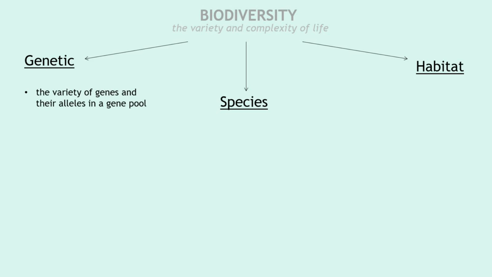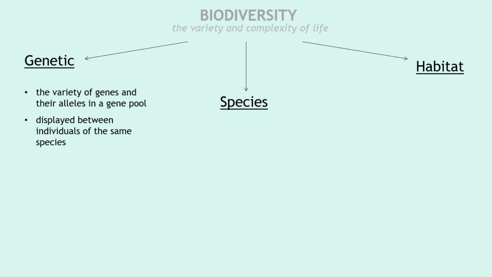And since we're talking about populations, genetic biodiversity is always displayed between individuals of the same species, because by definition, a population is a group of individuals of the same species in a particular habitat at a given point in time. If you remember, in a previous topic, we looked at intraspecific variation and how it has a genetic component to it. Well, we can refer to that as genetic biodiversity as well.